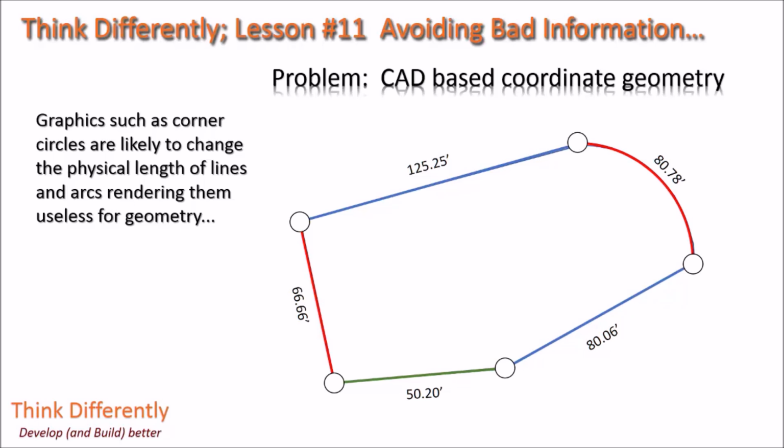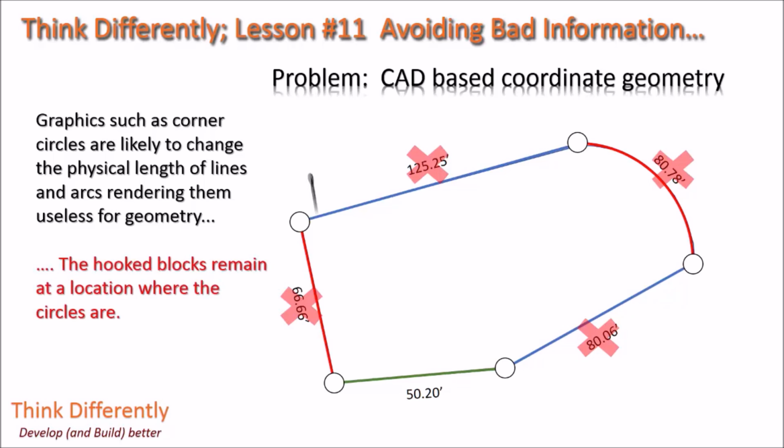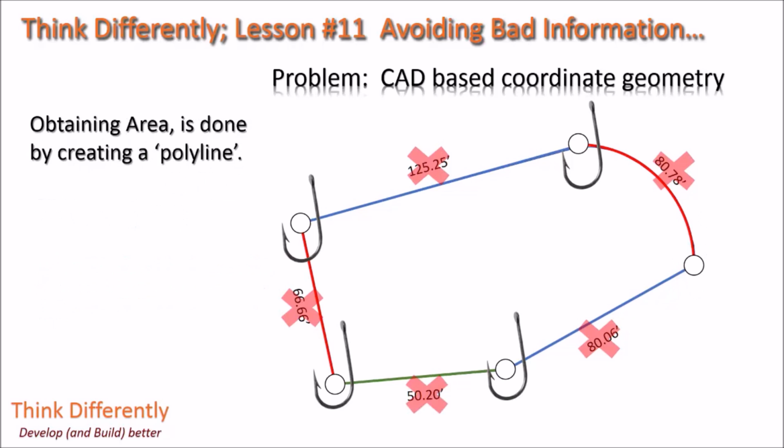So what happens is the length of that would change, and the danger is, would the label change if it's interactive? Or if you're using those lines, they don't even connect anymore. So there's a huge danger in that because your coordinate geometry is hooked, but the lines are a different length than what you're hooked to.